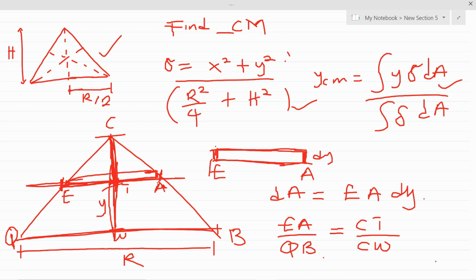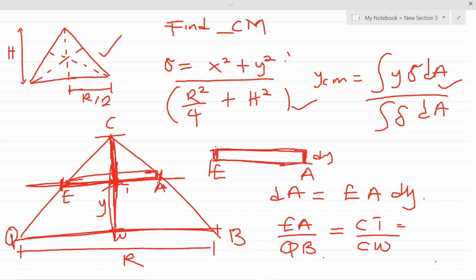And now this will give me what? EA, we don't know, but C to T is what? That one too, we don't know, but the whole CW is what? H, and QB is what? R. So I can put them back in it.